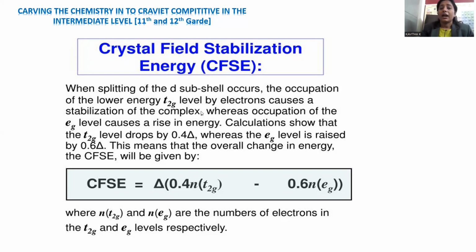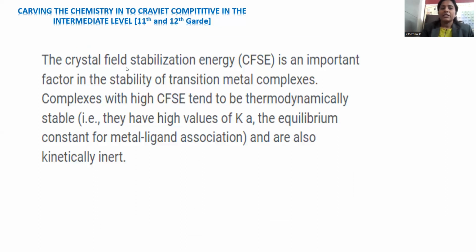So if the CFSE magnitude is larger, what will happen? Crystal field stabilization energy is an important factor in the stabilization of transition metal complexes. So this is an indicator to measure complex stability. Complexes with higher CFSE tend to be thermodynamically stable and kinetically inert in nature, right? So this is the way we can answer.